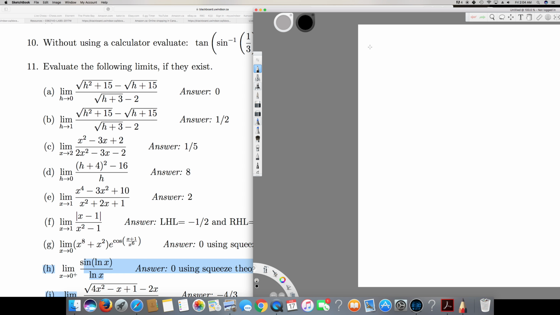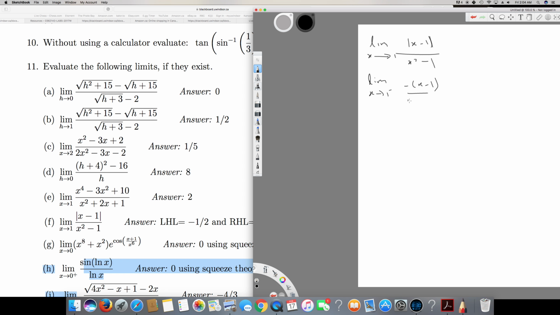Let's see. Limit x approaches 1 of x minus 1 over x square minus 1. I'm taking it from the left hand side, so I have to put a 1 minus here. With the minus sign, it's going to be minus x minus 1 over x square minus 1.